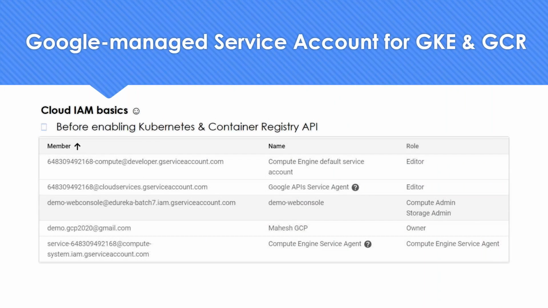Right from today onwards, we have enabled a few services in the past, like Compute Engine and all. Whenever you enable any service, before you enable it, go to your IAM. Check, take a screenshot. What are the various roles available? Then go and enable your API and see what changes happen.